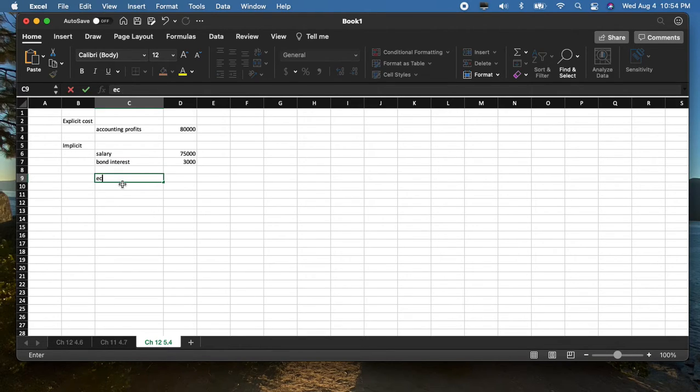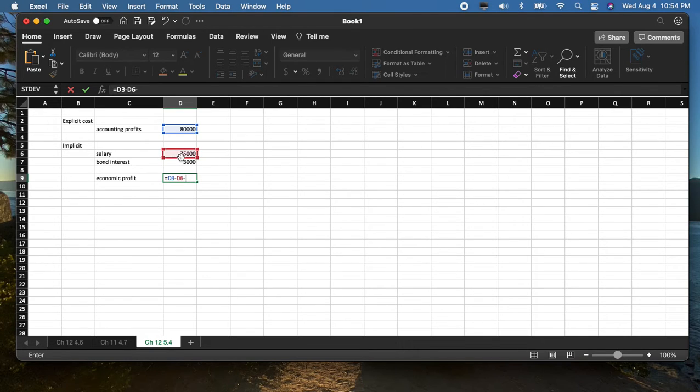So our economic profit is going to equal our accounting profit minus our implicit cost, or the non-monetary opportunity cost.